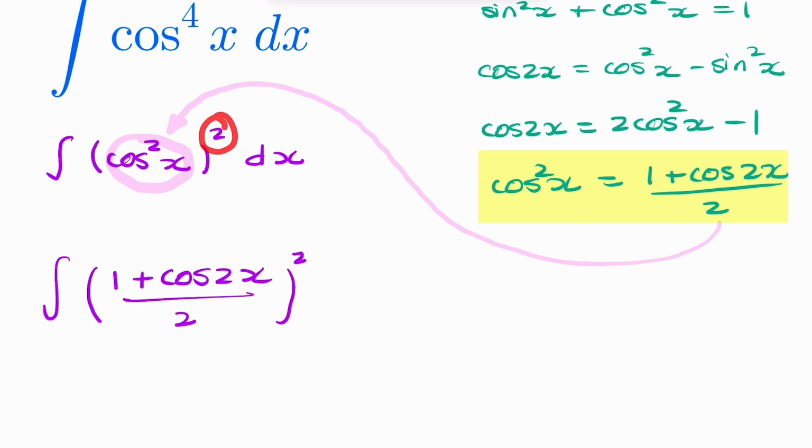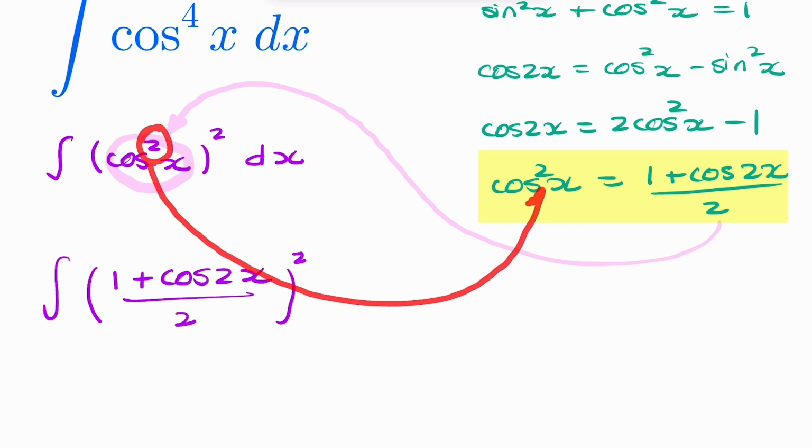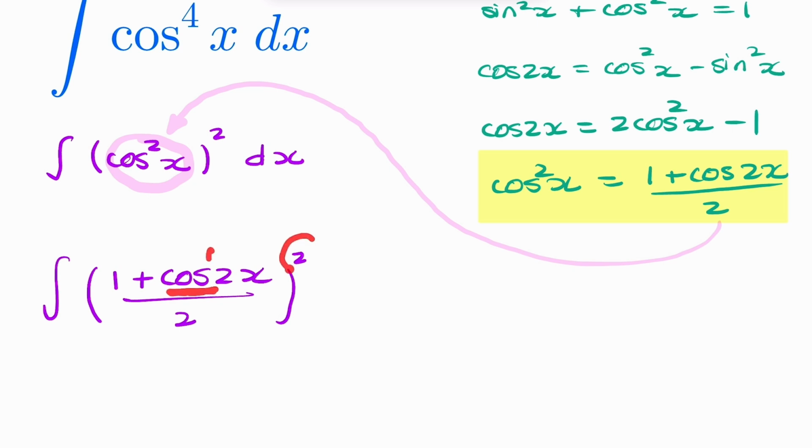This squared we have eliminated. So we've essentially reduced the power from 2 to 1. It was cosine to the power 4, now it's cosine to the power 1. We still have a squared, but I think we can deal with that in a similar way.